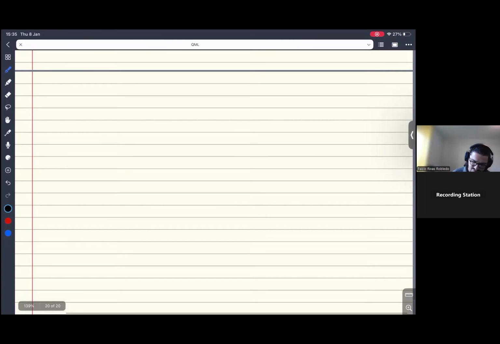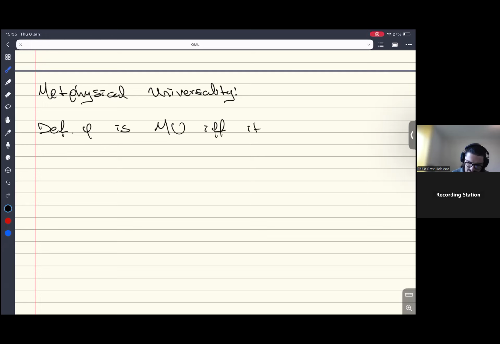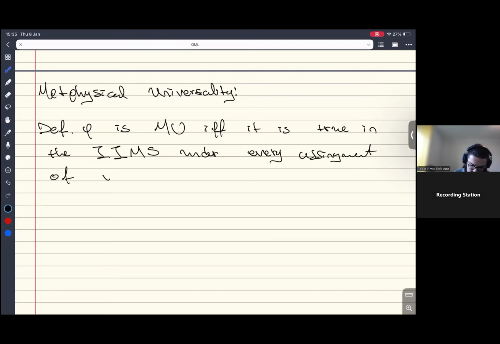So what is this thing about metaphysical universality? And we're going to say that a formula phi is metaphysically universal if and only if it is true in the intended, inhabited model structure under every assignment of values to its non-logical predicates.